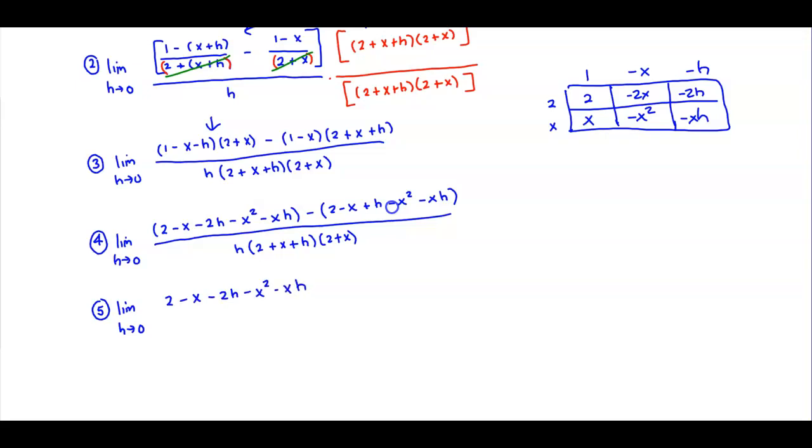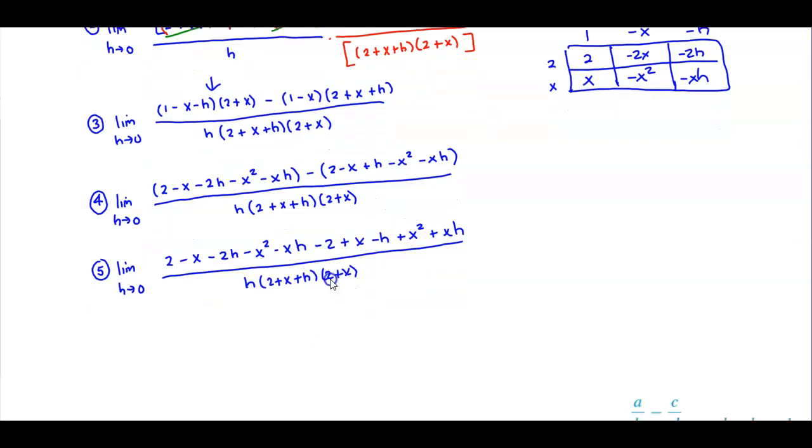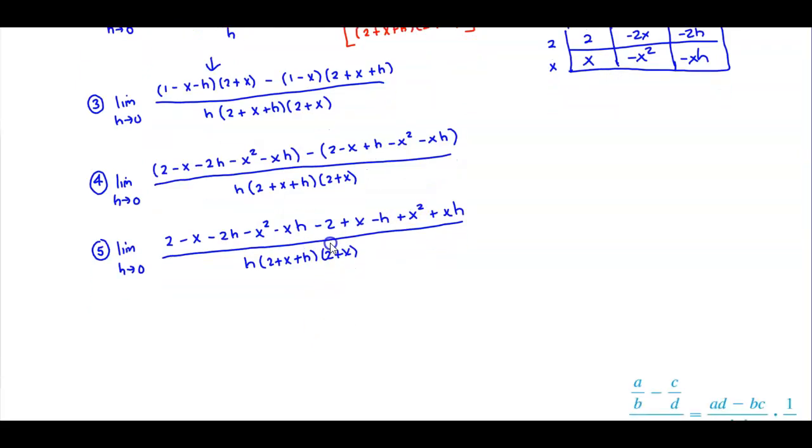And distribute the negative sign, so we get negative 2 plus x minus h plus x squared plus xh, all over h times 2 plus x plus h times 2 plus x. Now I'm not multiplying that denominator out only because it's still in factored form, and we want to see what we can combine in our numerator before we do anything.